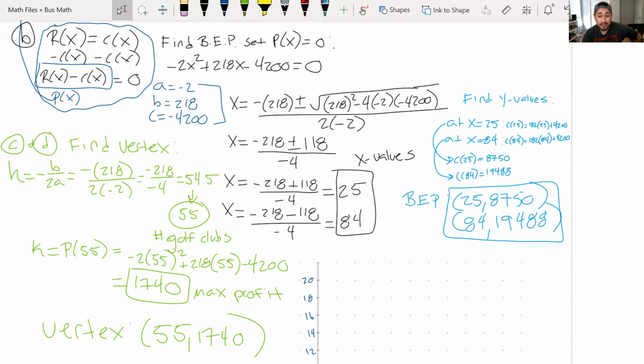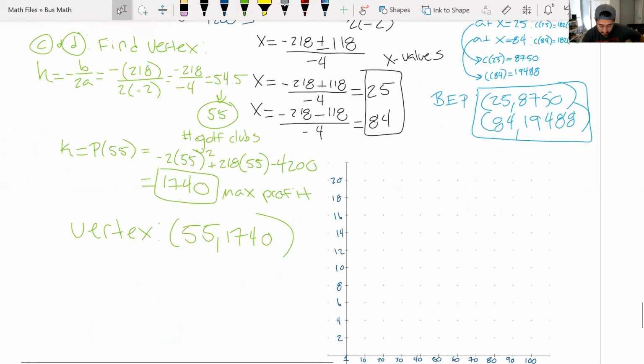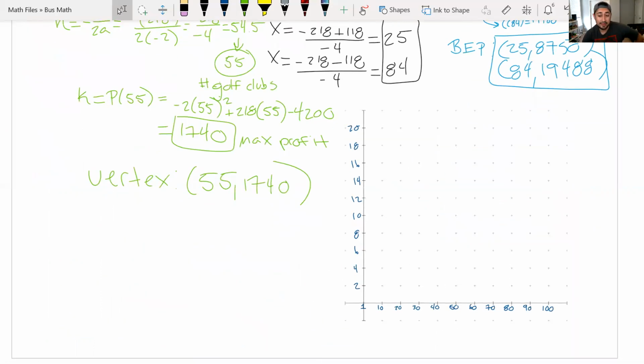So these are the x values of the profit function, which means that if I were to take these x values and plug them into the profit function, they would give me an answer of 0. So we're not too far off, which means that the only 3 points I'm going to use now, I'm going to come down here, because now 25 and 84 actually become x-intercepts.